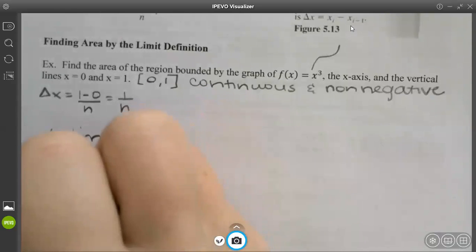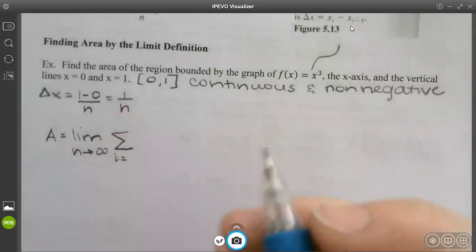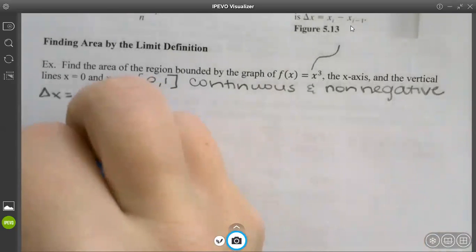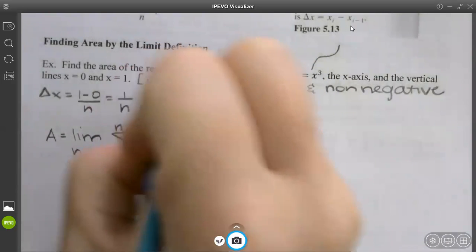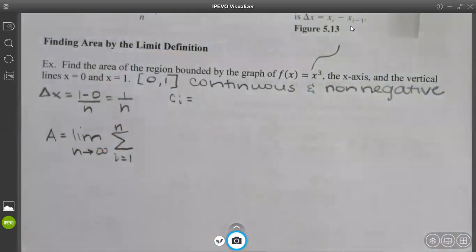Of the summation from 1 to n. And then we have this f of ci. Okay, just so you know, I think we went over this yesterday.